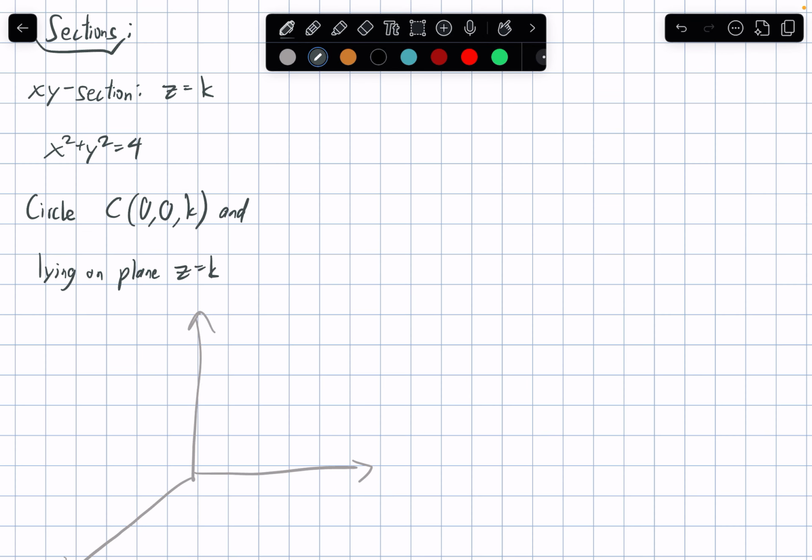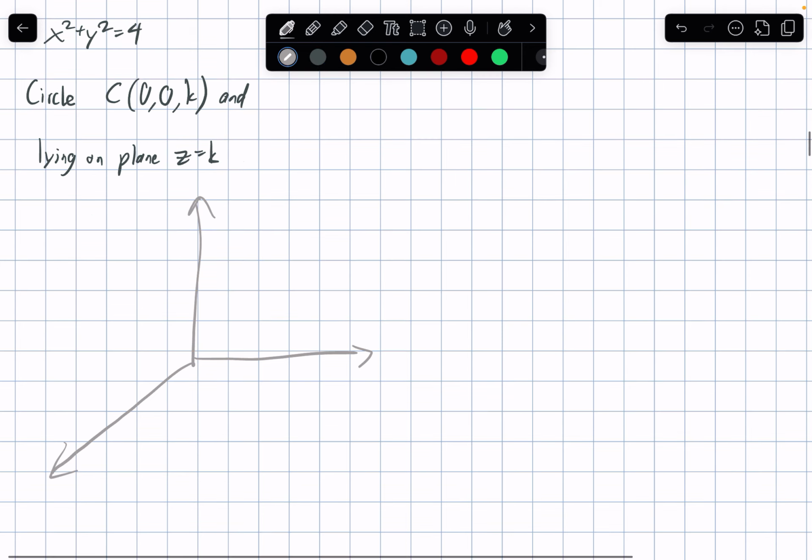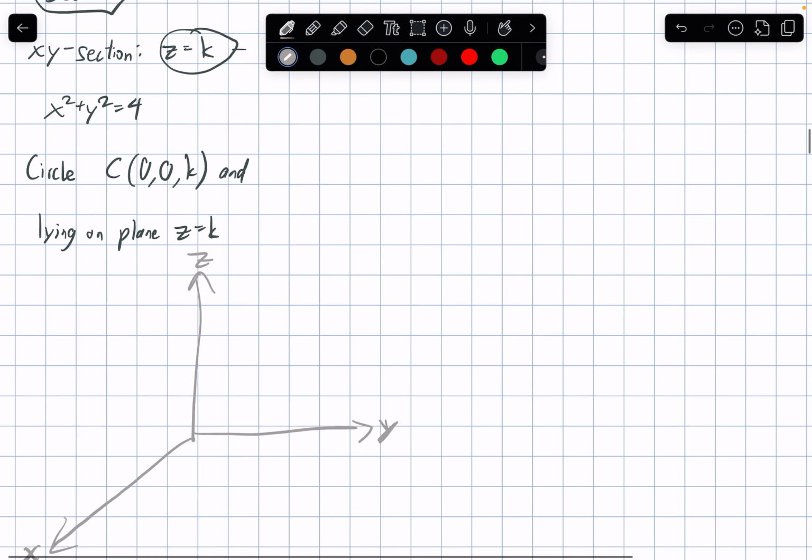How do we graph this? So we said that z is equal to k, right? Let's label again. This is y, this is x, this is y, this is z. Z is equal to k. We put k somewhere here.